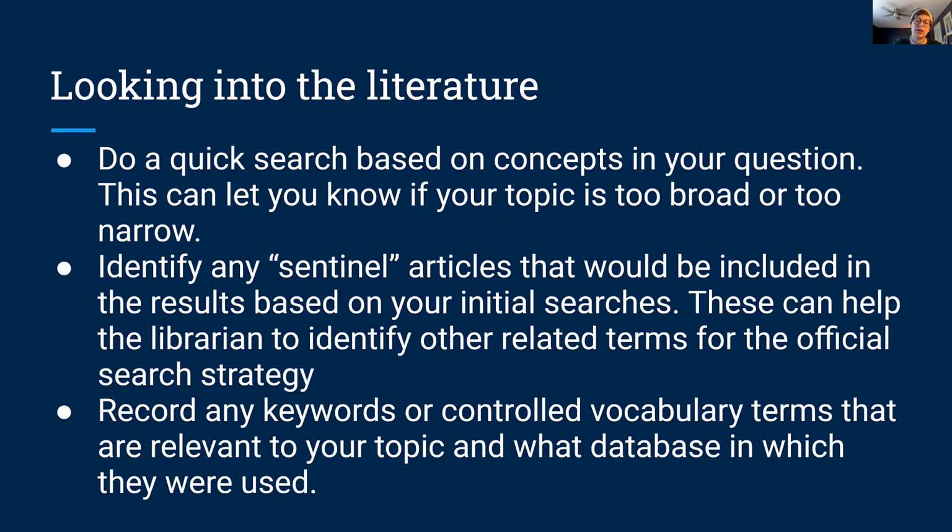So once you find out that you are in an area that you would like to research, and no one's working on it, it's good to do a quick search based on your PICO question, break it down, put in those keywords, and then you can see by combining those together if you're getting a huge number of results, or if you're getting an overly narrow number of results.